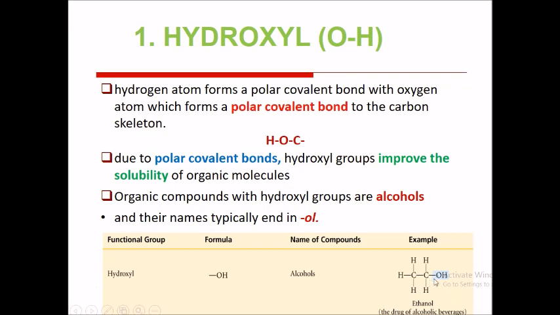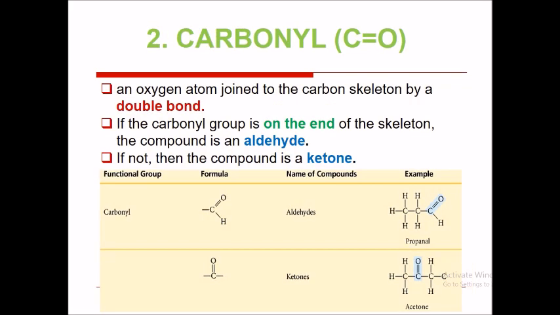Due to the polar covalent bond, the hydroxyl group, which is OH, can improve the solubility of organic molecules when attached to them. Organic compounds with a hydroxyl group are known as alcohols, and their names typically end in OL, such as ethanol and methanol.